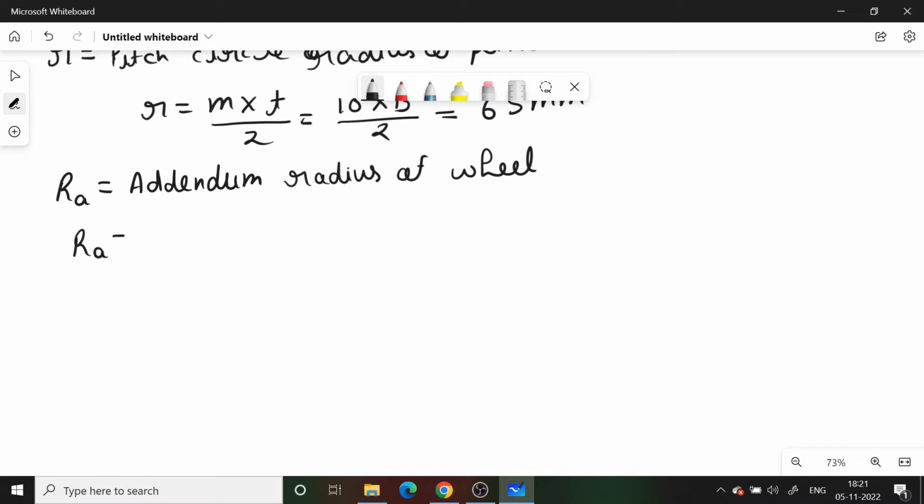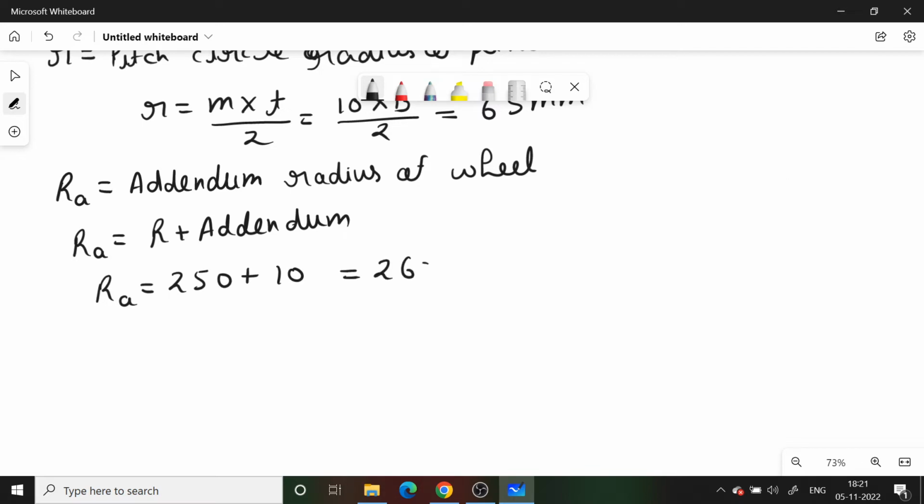So RA will be equal to capital R plus addendum. This circle radius is 250 mm and addendum is 10 mm. So radius of addendum circle of the wheel is 260 mm.